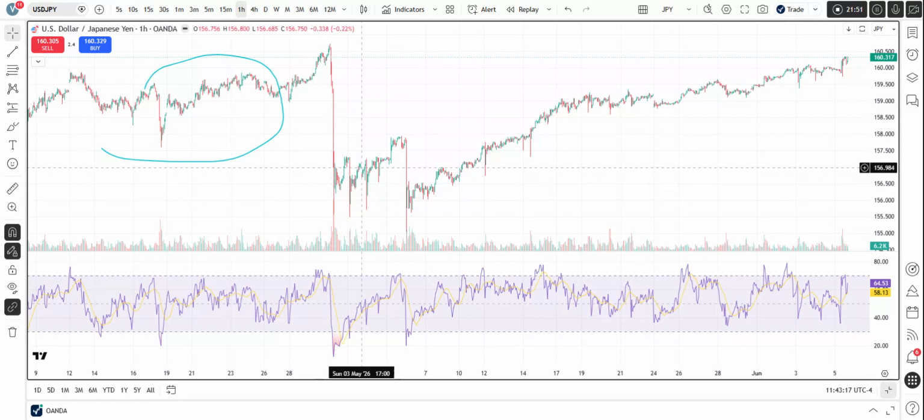In these areas, it starts to move real slow and then it changes direction. And then it goes real slow. And then boom, the news comes out or it just starts going a lot faster.